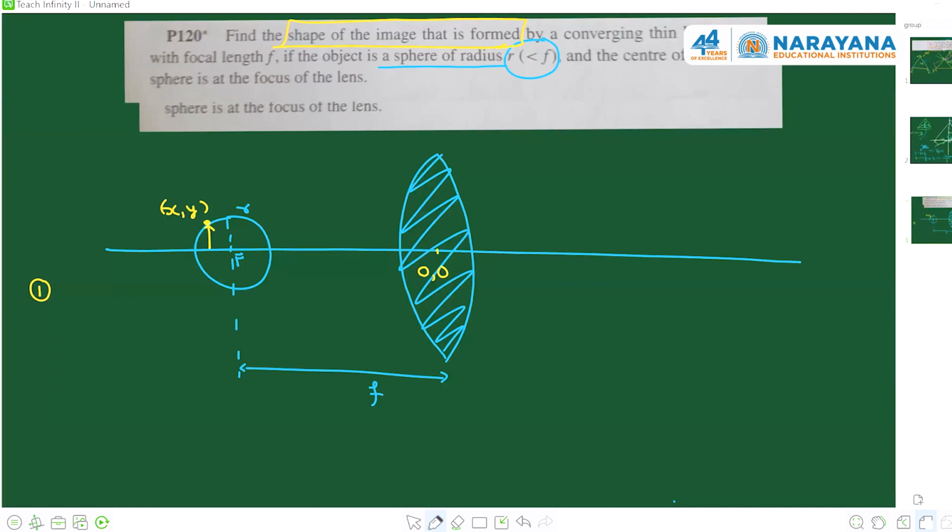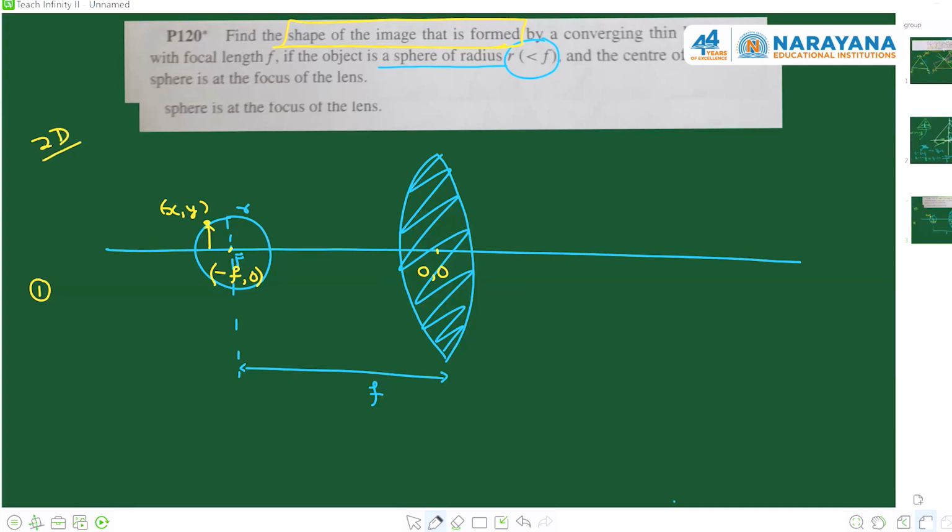So by absolute basic, first of all, what I'll think is this coordinate here is maybe minus f comma 0. So the locus of points which are acting as object, that for me is the equation of this circle. I'm solving this in 2D first.